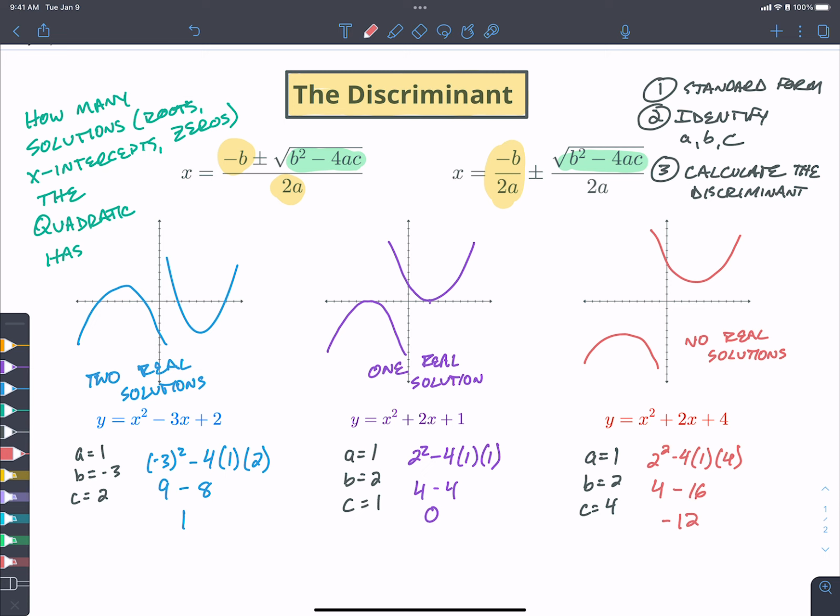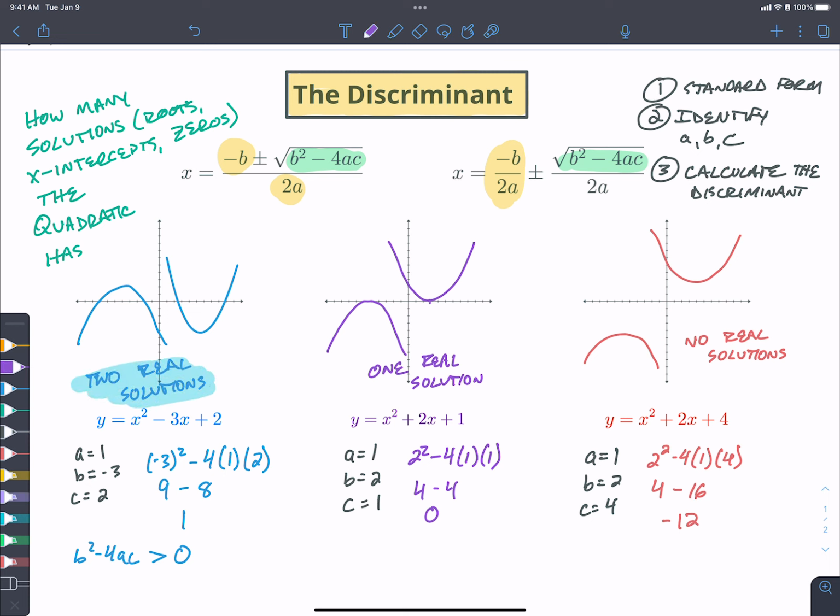So what are the conclusions that we can pull from these three different answers or solutions for our discriminant? Again, the discriminant is b squared minus 4ac. If b squared minus 4ac is greater than 0, then you have two real solutions.